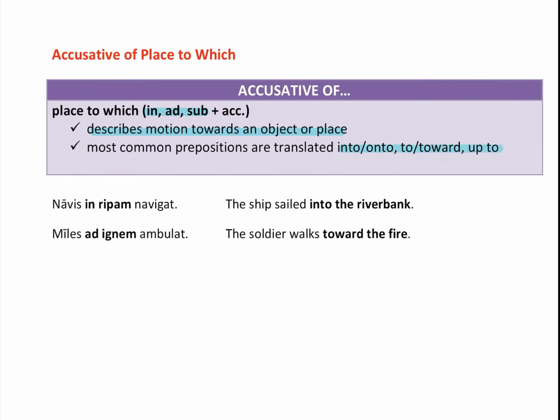So let's take a look at a couple of these sentences. Navis in ripam. The ship sailed into the riverbank. Because you see the word into and it's going towards someplace, this would be the preposition, and riverbank would follow in the accusative. Even though with in you can't tell whether it's ablative or accusative, you look at the following noun and see that it needs to be in the accusative case.